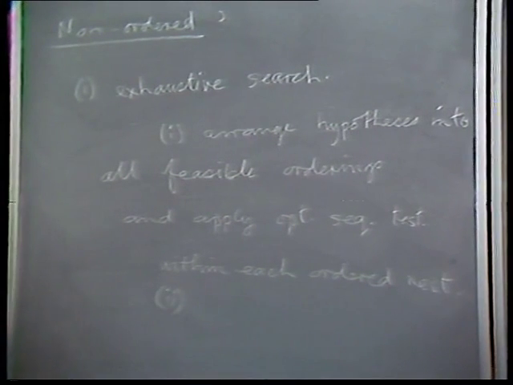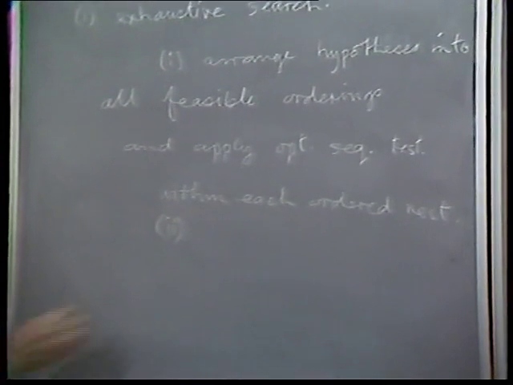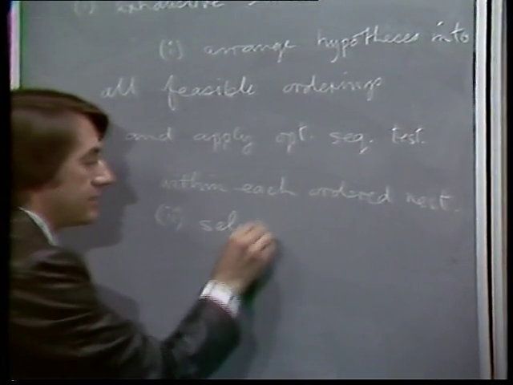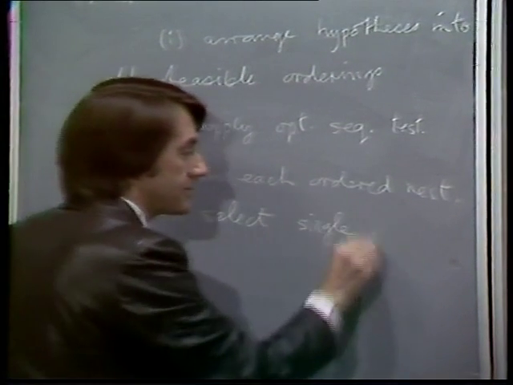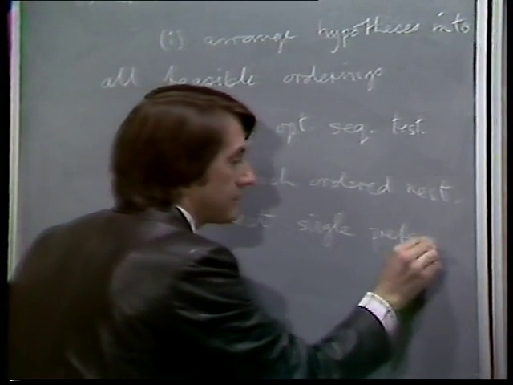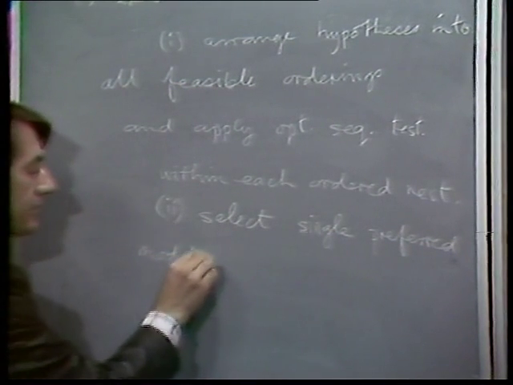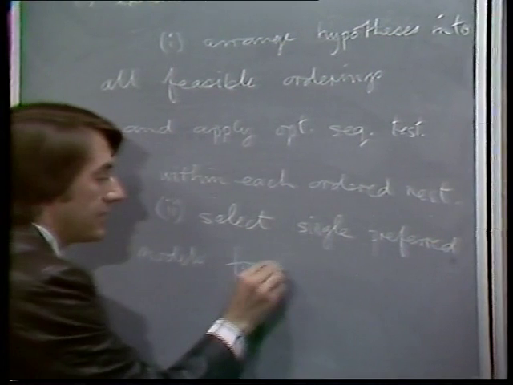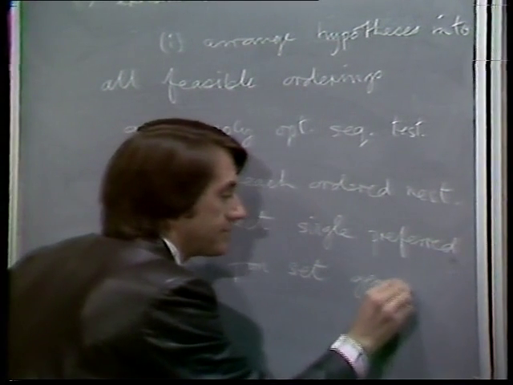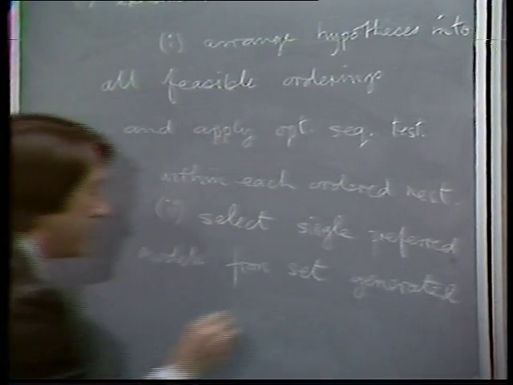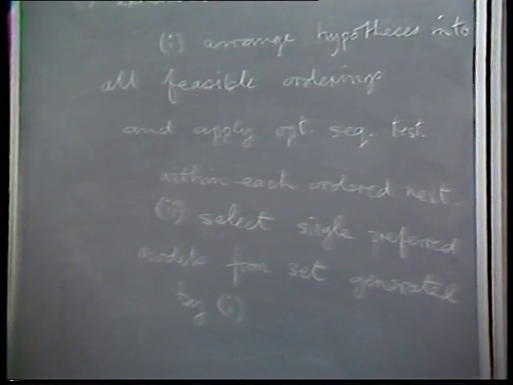The second stage is then to choose among those preferred models. So we select a single preferred model from the set generated by the first step.